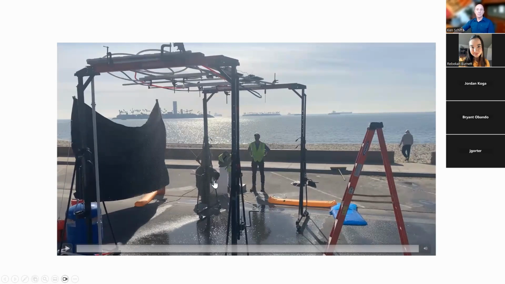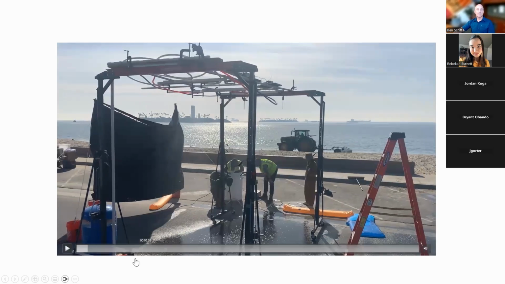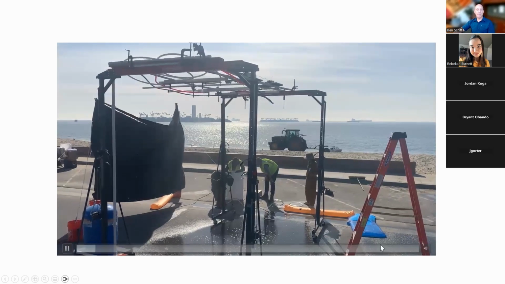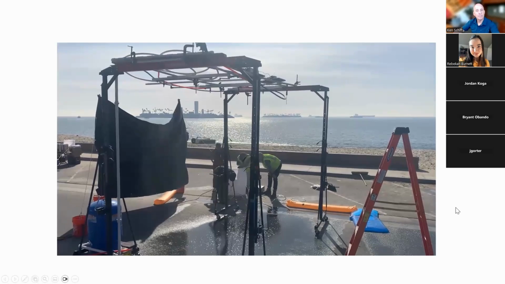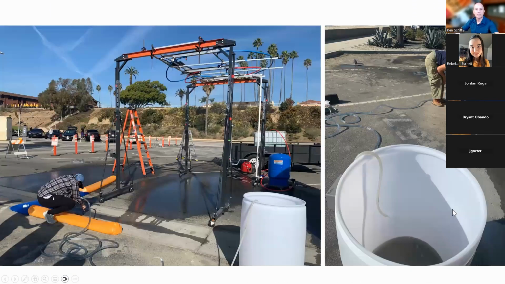So here is the whole event composite sampling bucket. And you can see all of the rain is draining into the curb, and we're using the peristaltic pump to pump into it. I think I did a reasonable job describing how this apparatus works.